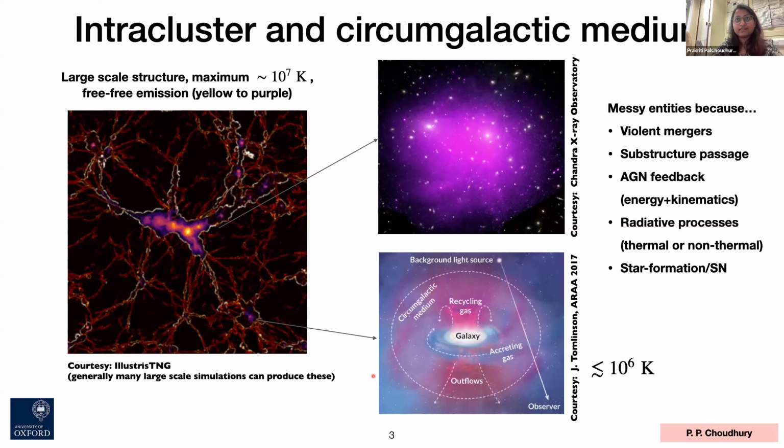It has a virial radius where material from outside falls in and gets shock-heated, and then in the center there is a supermassive black hole, and there are outflows and inflows. It's generally very messy, and there are mergers, and substructures move around. So a lot of stirring happens in this medium. And many of the so-called circumgalactic medium can be of lower temperatures as well.